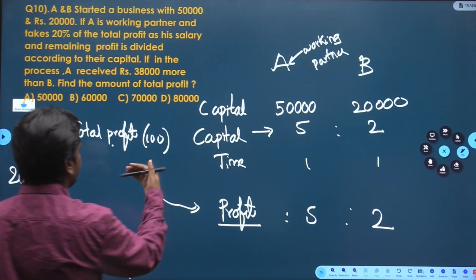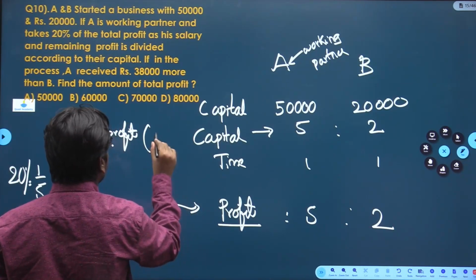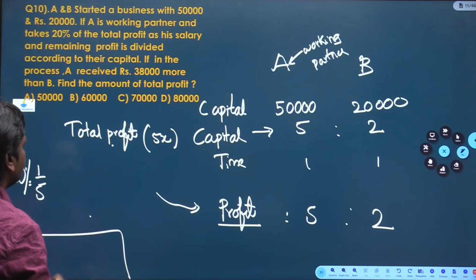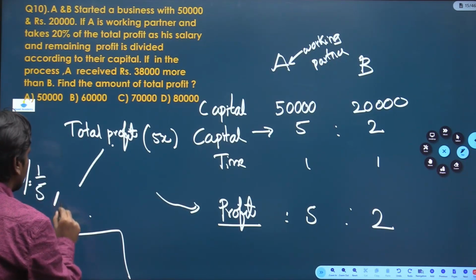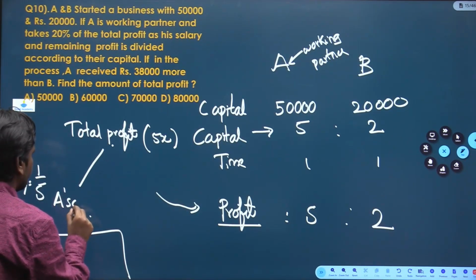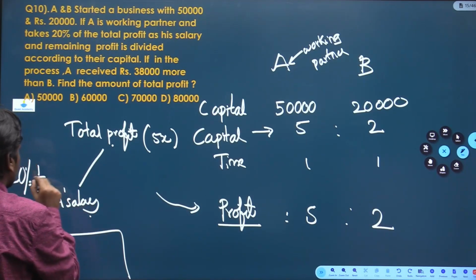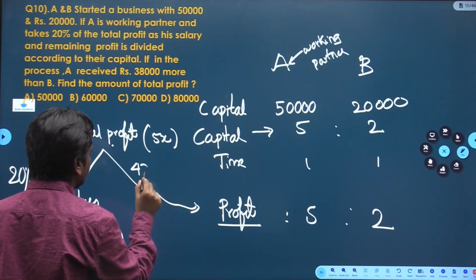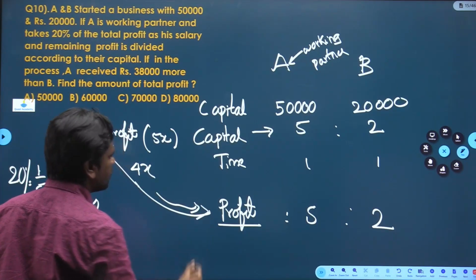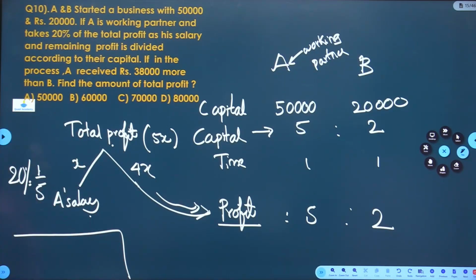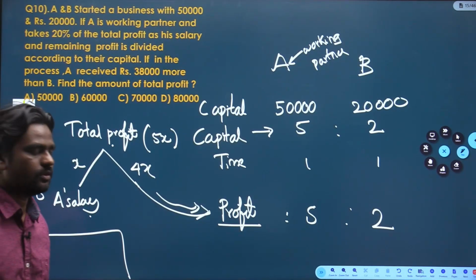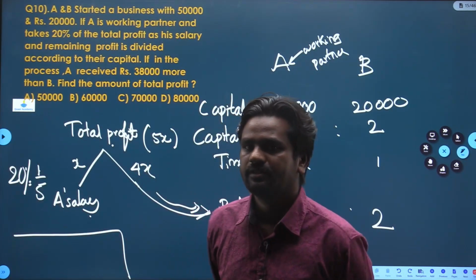So you assume the total profit as 5x. Then A's salary will be 1x, and 4x will be distributed as profit to A and B in the ratio of their capitals.